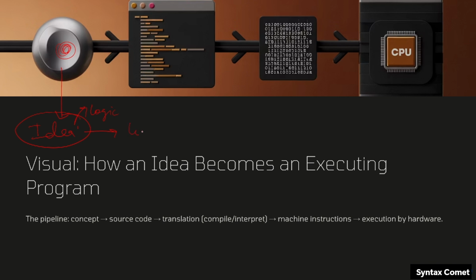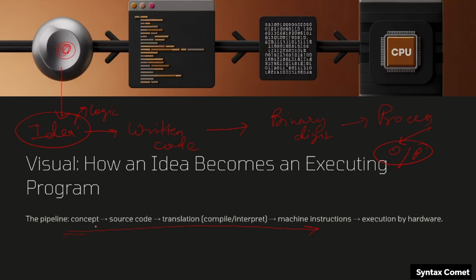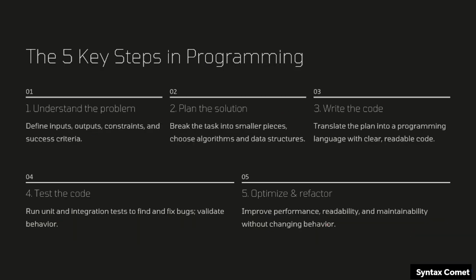Now this idea is converted into written code, and this code is then converted into binary digits, which are then processed, and then the output is given or the processed task is performed, right? This is a visual representation of how execution works and how the program communicates with the systems. This is the whole procedure: source code, translation, machine instructions, and execution by the hardware. Now coming to the next part, the 5 key steps in programming languages.